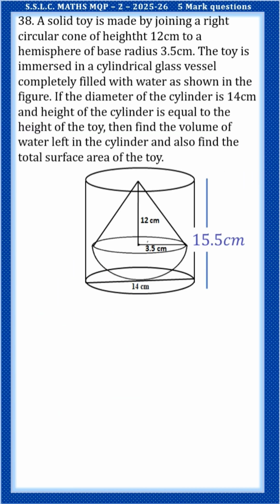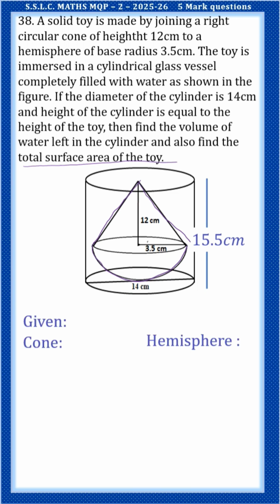Now let us calculate the surface area of the toy. Only total surface area of the toy. We have to calculate CSA of cone and CSA of hemisphere. You have to add these two because they have asked only TSA of the toy. What has been given here for cone and hemisphere?